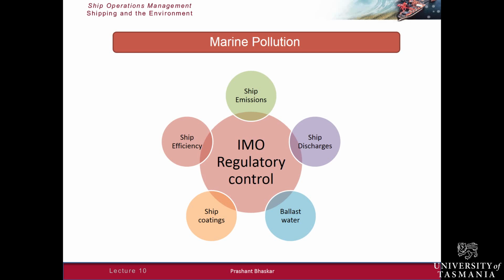There are requirements concerning greenhouse gases, basically carbon dioxide. Then there are requirements for ship discharges concerning oils, chemicals, garbage, and sewage. There are requirements for the treatment of ballast water, or ballast water management, so that alien species do not travel from one part of the world to another.